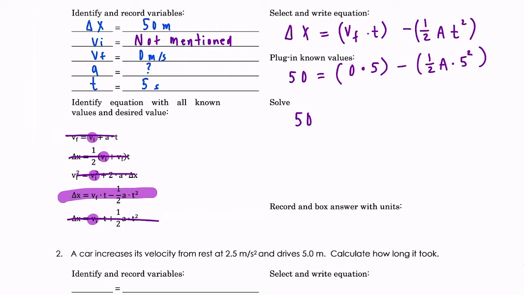I can simplify this, so 50, 0 times 5 is just 0, minus, and I'm going to do this in every single step I can, so still 1/2 times a, and now 5 squared is 25.